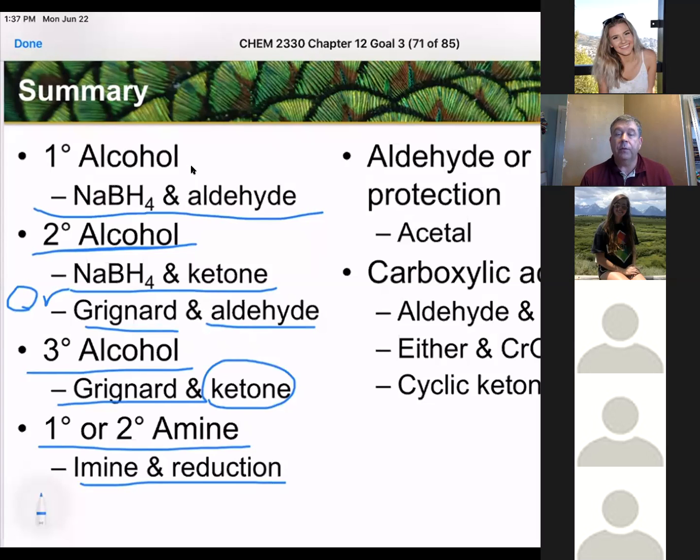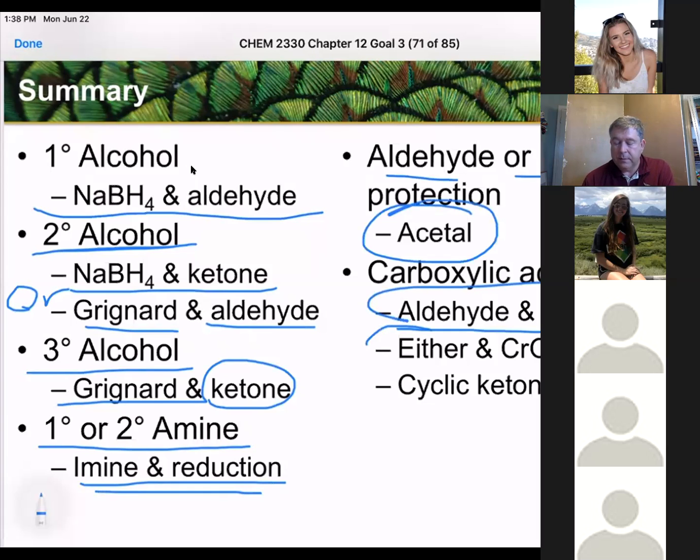And if we want to oxidize aldehydes to carboxylic acids, we are going to use aldehydes here, and this is actually in the video. These two are in the video about how different cyclic ketones can go through an enol-keto tautomerism and actually oxidize as well. All right, questions about aldehydes and ketones.